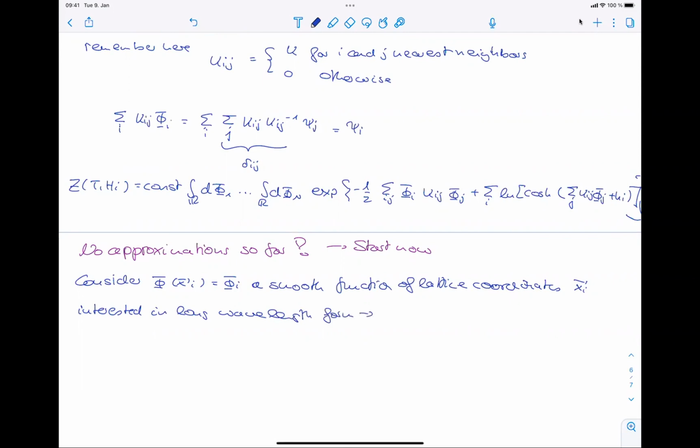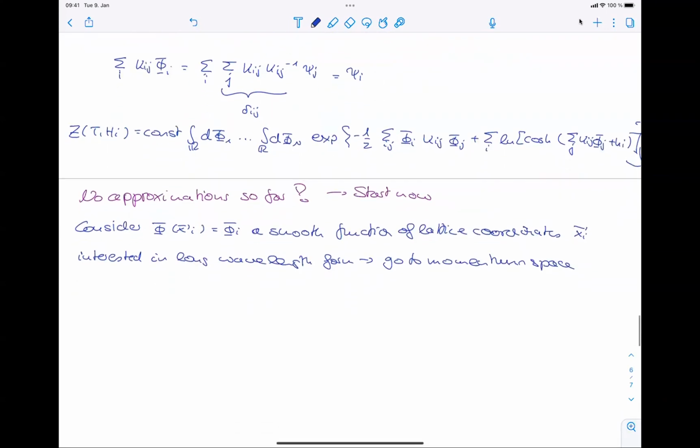And so if we're interested in long wavelengths, the trick is to go to the momentum space and expand for k small, right? So we go to momentum space. And yet again, conceptually what we're doing is very, very similar to the phonon case, the very simple case before.